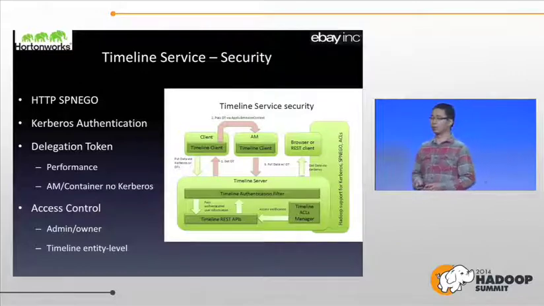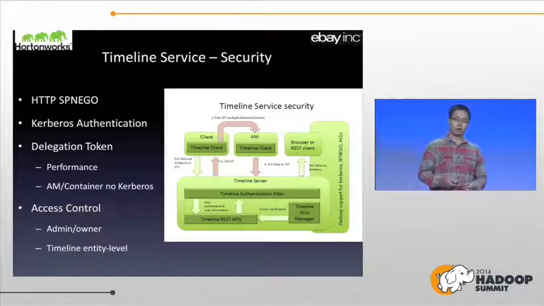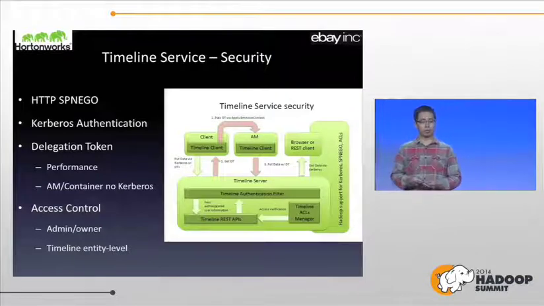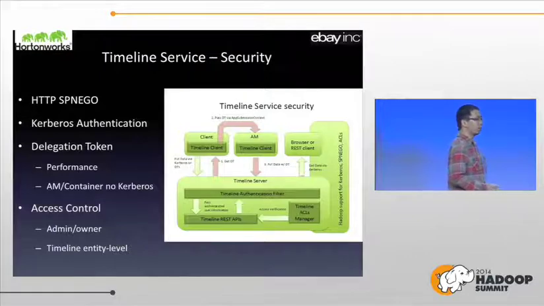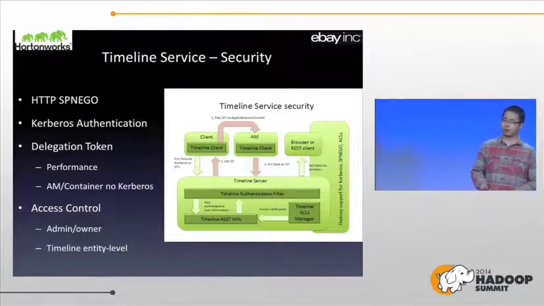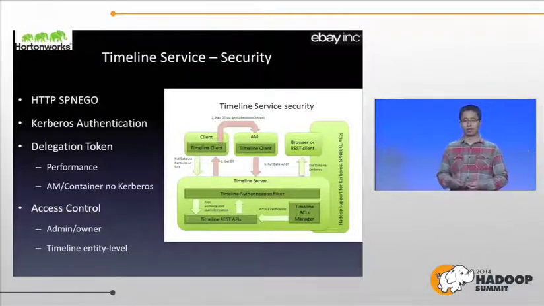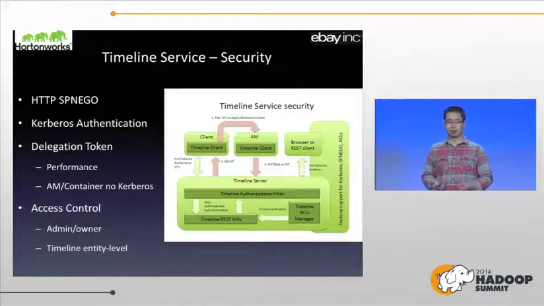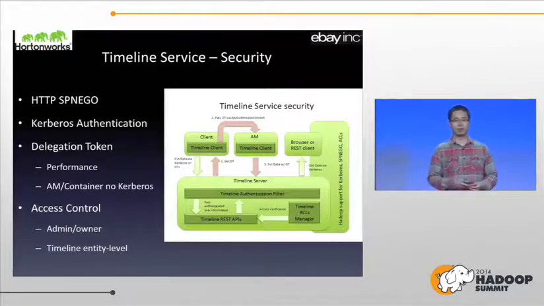There are 2 reasons why we choose to use a delegation token here. The first is performance consideration. If we have a lot of incoming requests that need to be authenticated by the Kerberos server, then the Kerberos server will become the bottleneck for the scalability of the timeline server.